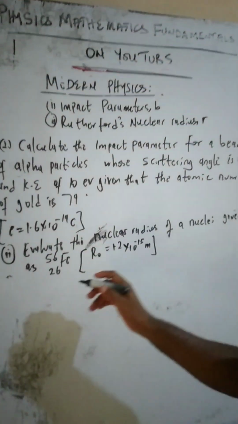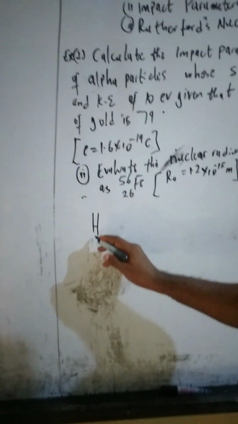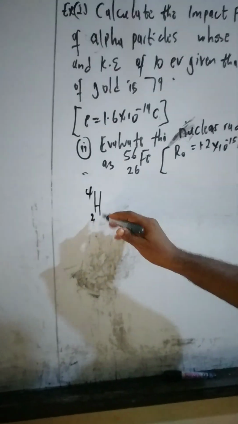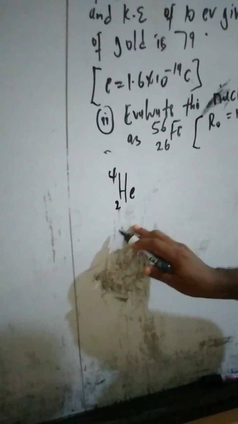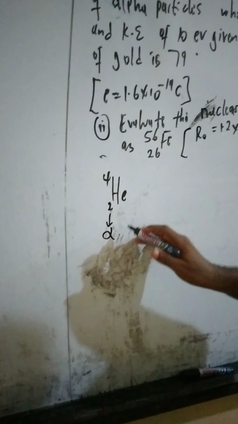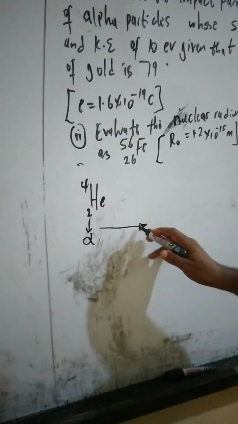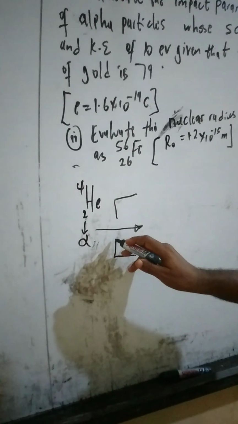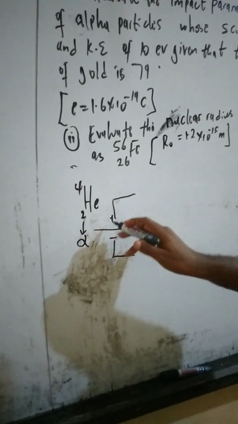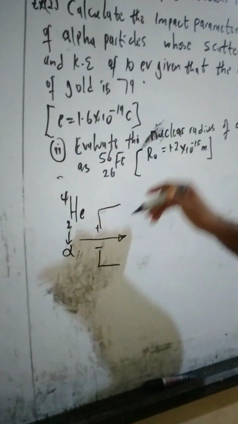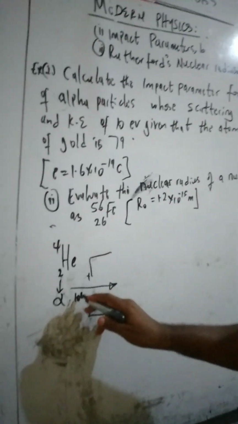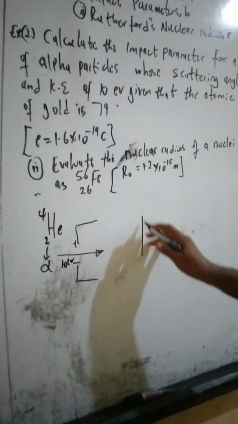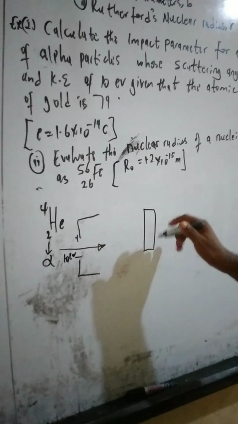The impact parameter is about a stream of alpha particles. An alpha particle is more or less like the nucleus of helium, represented with this symbol. When this particle is directed under the influence of a potential difference, let's say 10 electron volts, the alpha particle is targeted against the nucleus of a gold foil.